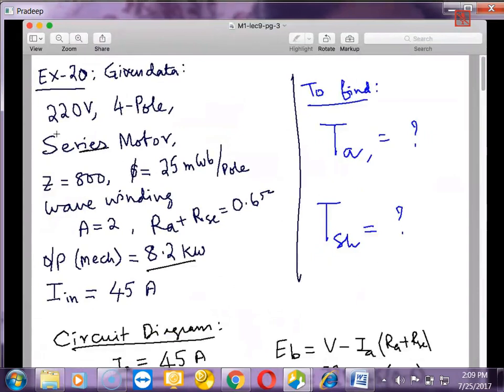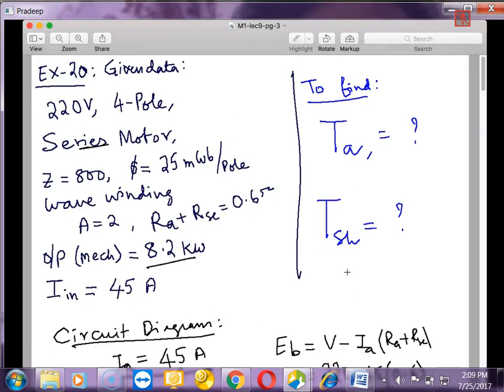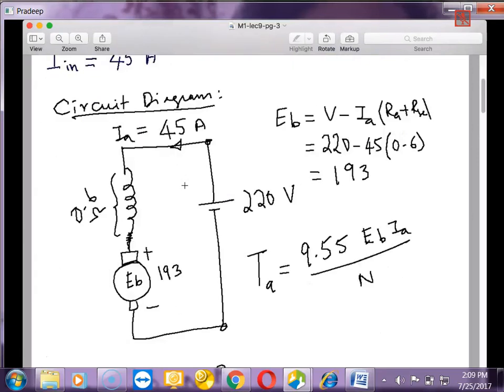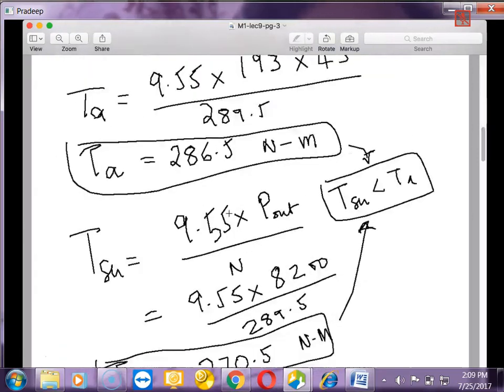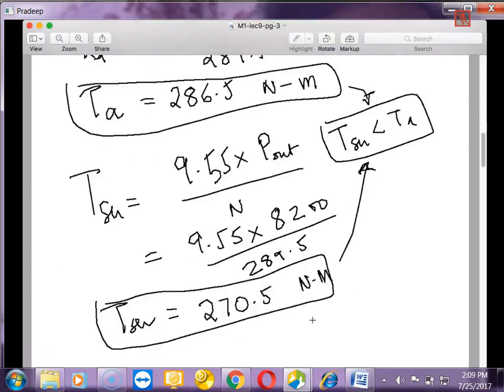You have a 220 volt 4-pole series motor and all the machine details are given, and we have to find the armature torque and shaft torque. Again the same method we followed. Draw the circuit diagram and the power diagram, and from that you can find the armature torque and shaft torque. So these were some of the problems.